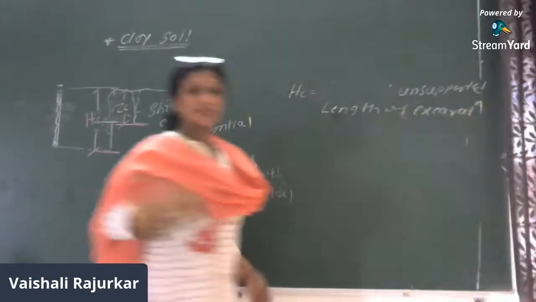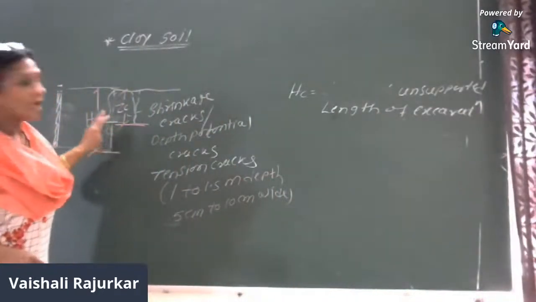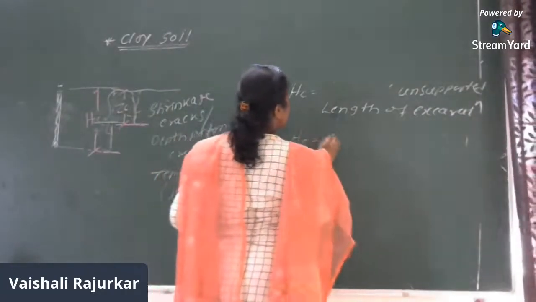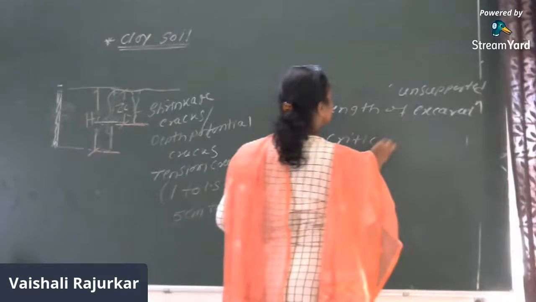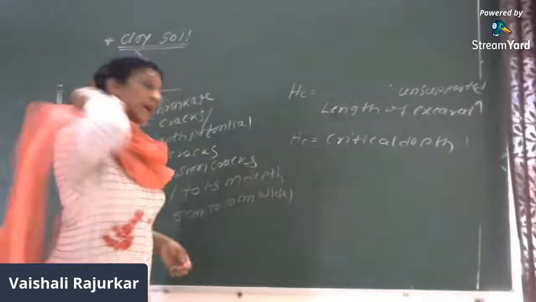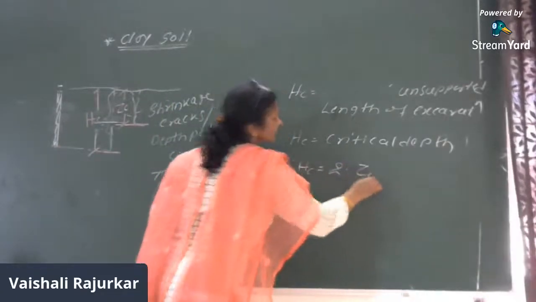It means we need not provide any support up to this depth, up to HC, and it is also called the critical depth. This HC is equal to twice ZC.